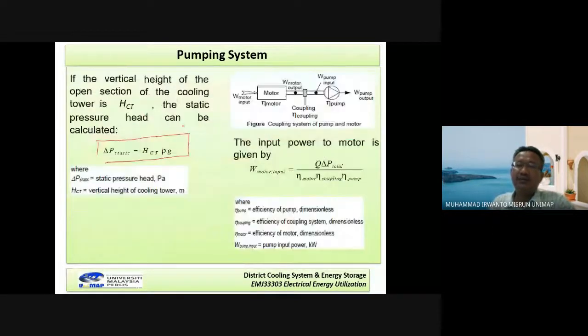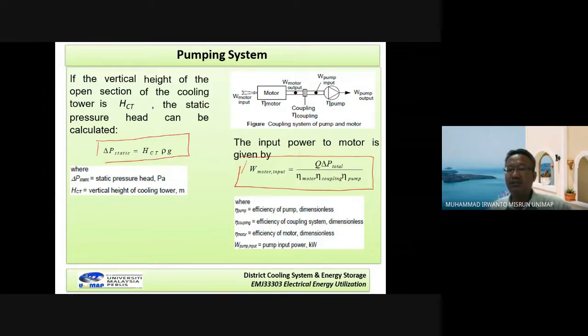The motor needs input power, and the input power of the motor is given by this one.